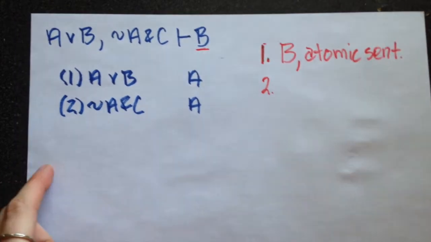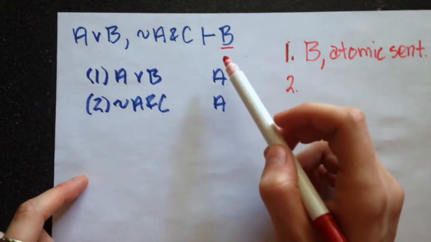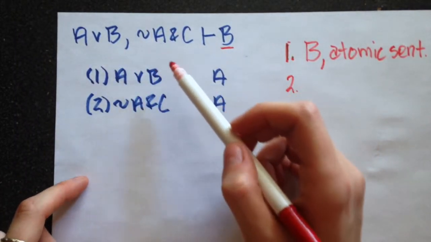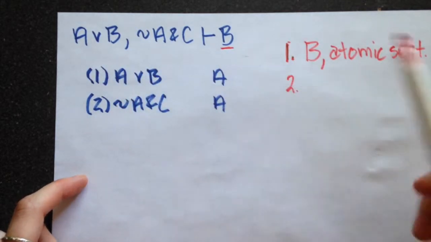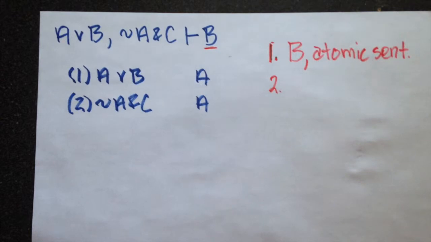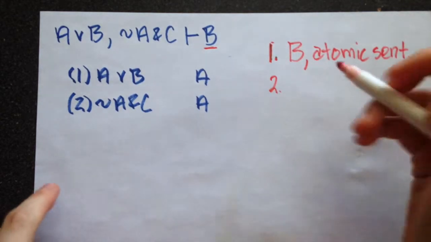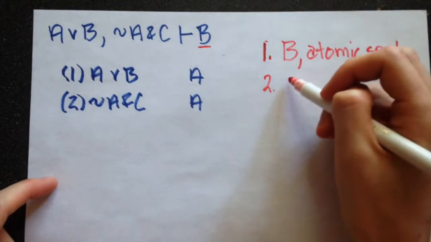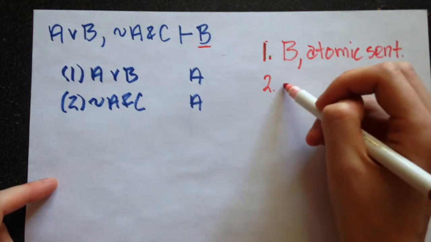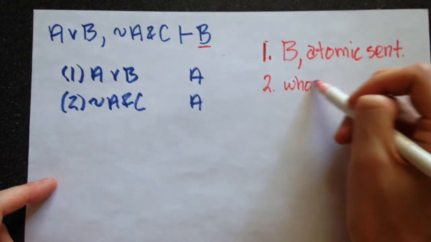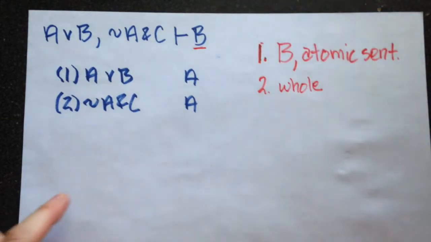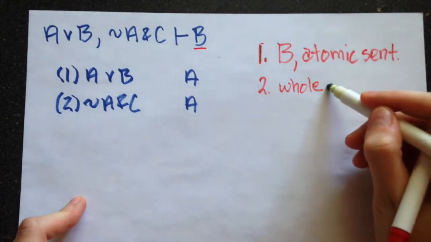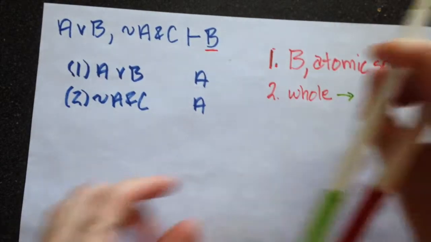Second question, we want to figure out how this conclusion is embedded in the premises. We want to identify the connection between these two premises and the conclusion. As we saw last time, there's three options for this. There is the possibility that the conclusion B is embedded as a whole, and that would tell us that we would use an elimination strategy.